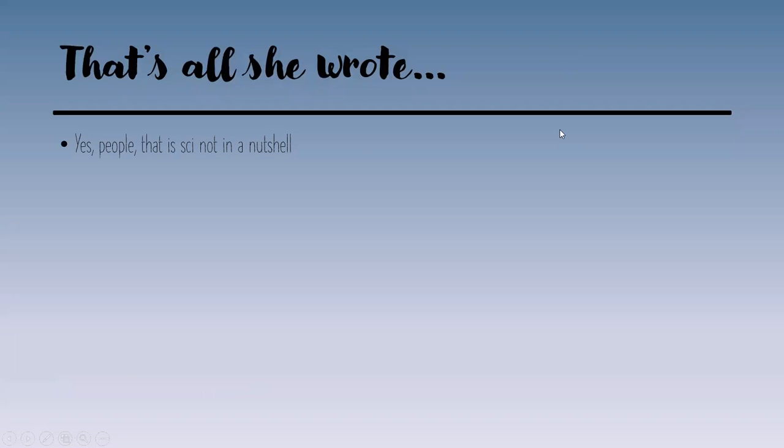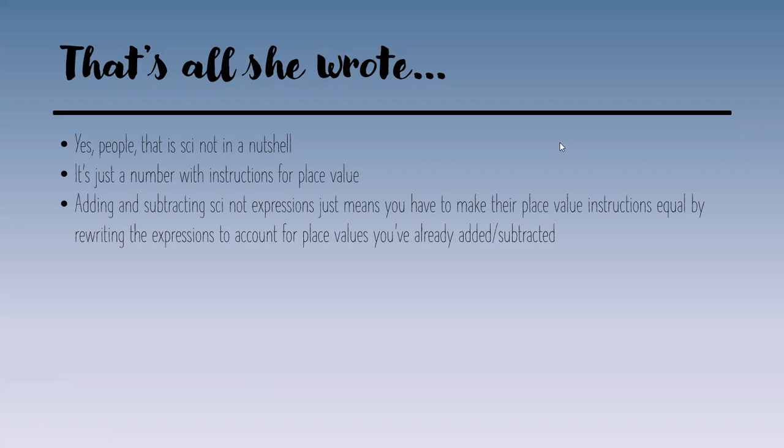Okay, so that's it. Scientific notation is an abbreviation. It's a number with instructions for the real value, the true value of the number. If you're adding and subtracting expressions in scientific notation, you just have to make sure that their place values are accounted for.